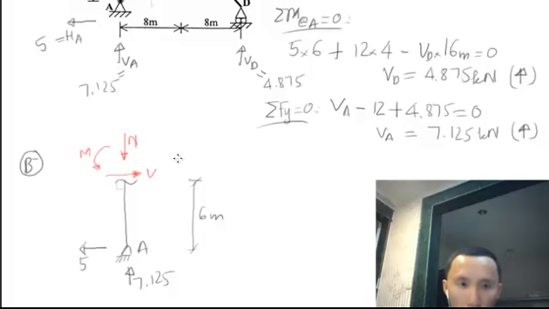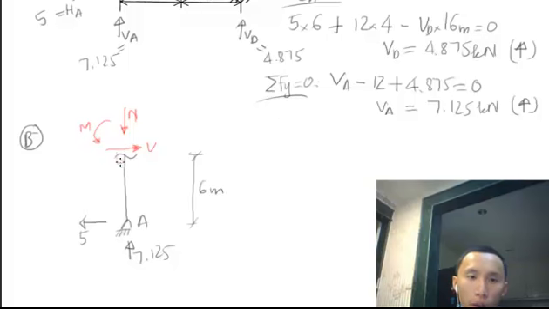Now we have everything we need. We're going to find V, N and M by taking sigma Fx, sigma Fy, and sigma moment.